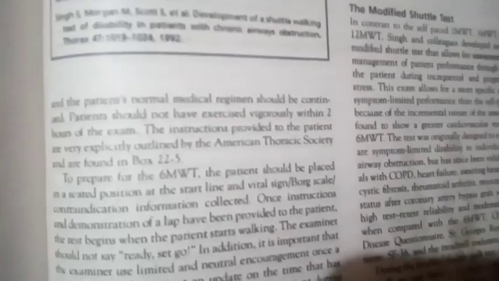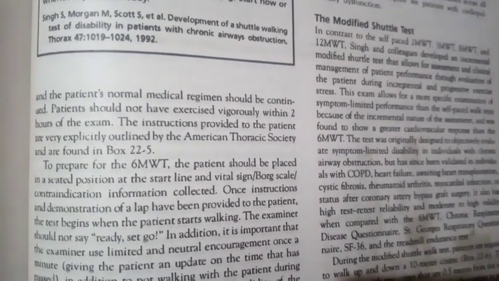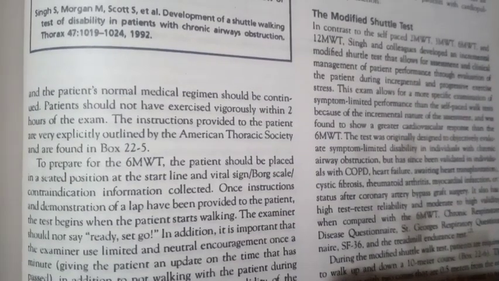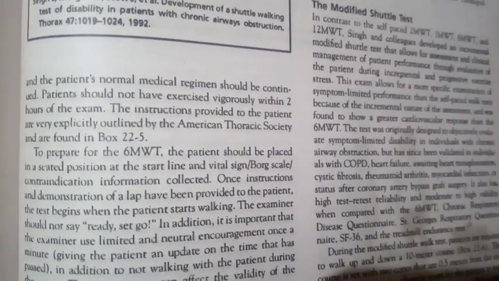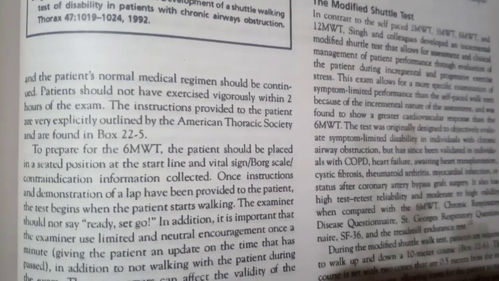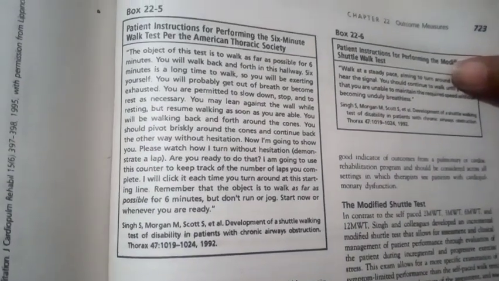The patient's normal medical regimen should be continued. The patient should not have exercised rigorously within 2 hours of the exam. Instructions provided to the patient are explicitly outlined by the American Thoracic Society and found in Table 22.5, as is shown here.